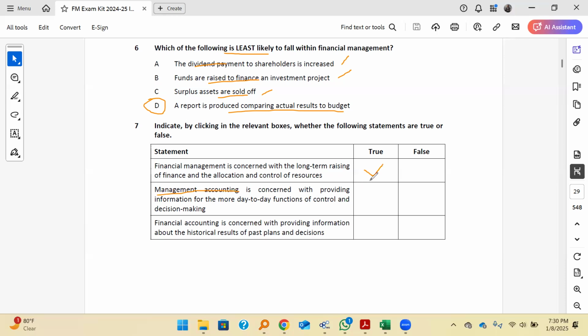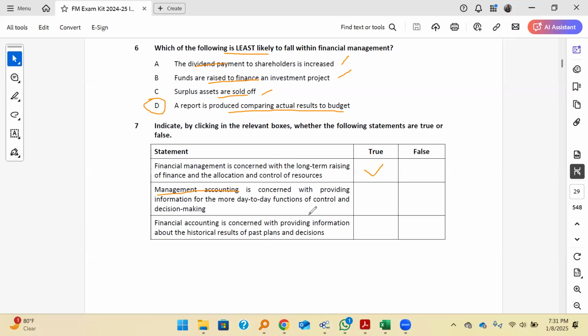So normally the difference between financial accounts and management accounts is that financial accounts are made for the shareholders as the external stakeholders to see whether the accounts of the company are as they say they are. And the auditors normally come and verify that.